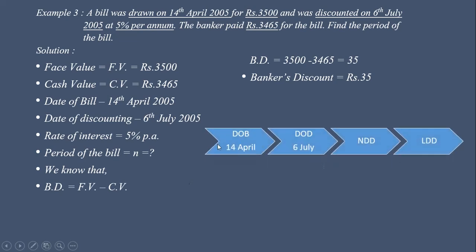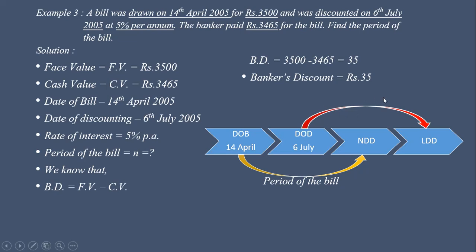Now the date of bill, 14th April, is given. The date of discounting, 6 July, is given, and we want to find the period of the bill, that means the period from the date of bill to the nominal due date. We don't know the nominal due date, we don't know the legal due date.